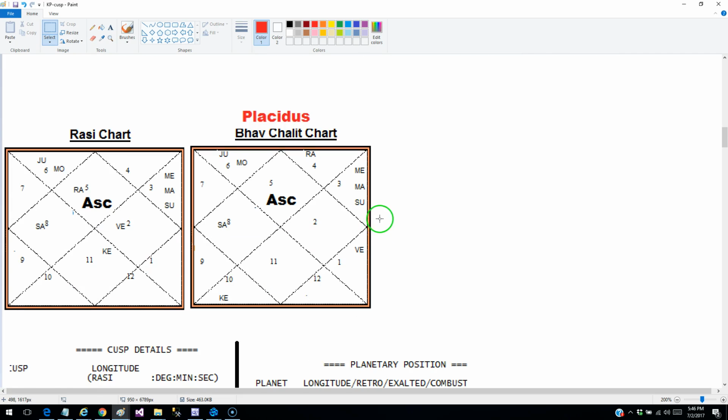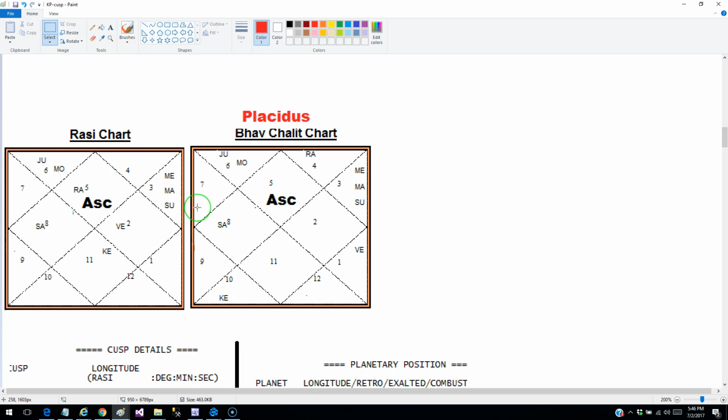So this is one of the examples. Here you find a Rashi chart with the planets populated, and this is the Placidus or the Bhav Chalit chart. Obviously, to calculate the Placidus chart, some mathematical formulas are required. So I'm not going to get into that. But the software can help you create those kinds of Placidus charts.